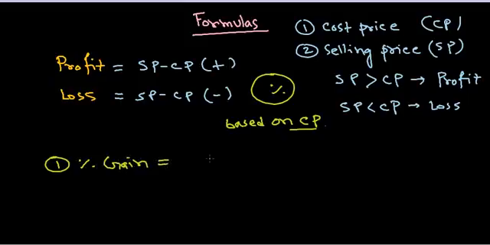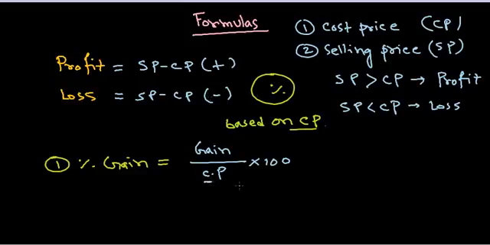The gain percentage is simply gain divided by the cost price, multiplied by 100. This is going to be the gain percentage. I've told you that the percentage gain or percentage loss is always based on the cost price.